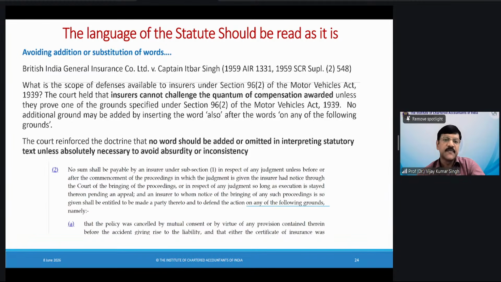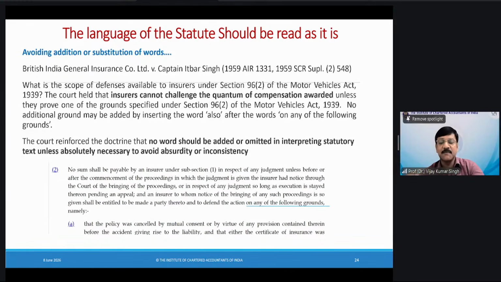Third party insurance. In this case, the court held that the insurers cannot challenge the quantum of compensation awarded unless they prove one of the grounds specified in 96(2) of the Motor Vehicles Act. No additional ground may be added by inserting the word also after the words on any of the following grounds, right?